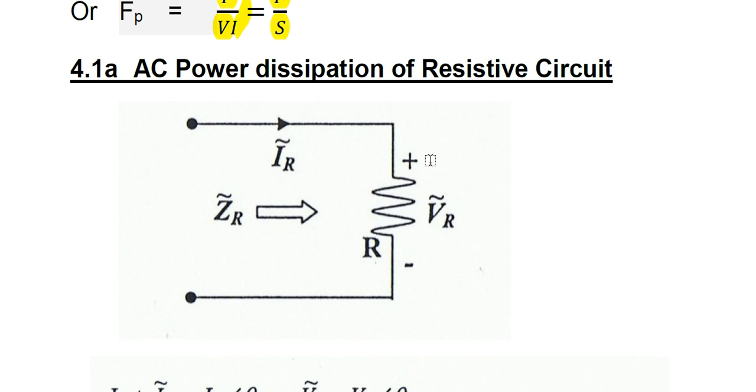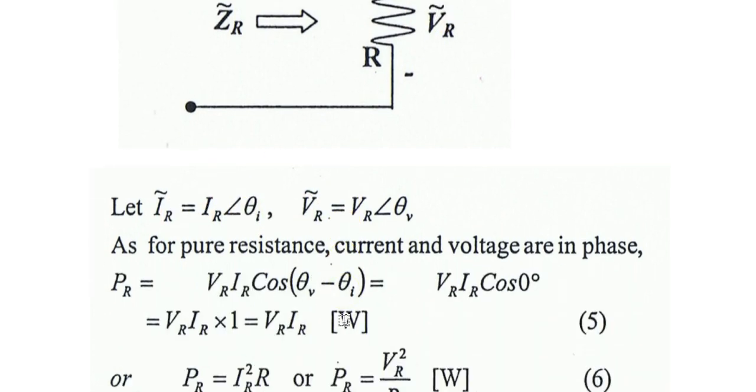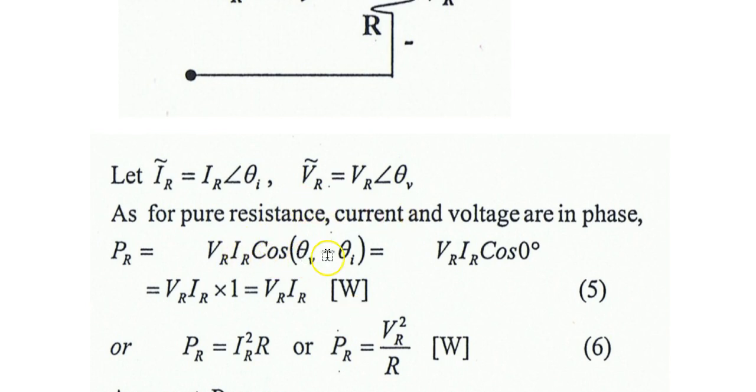So let's look at an example of an AC power circuit when it's only resistive. Now you may recall that in a resistive circuit, the current and the voltage are in phase. In phase meaning the difference in these two angles is 0. So cosine 0 is equal to 1.